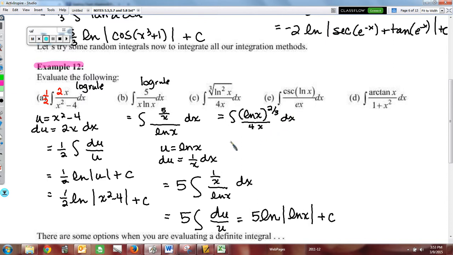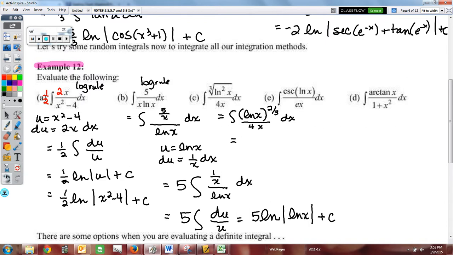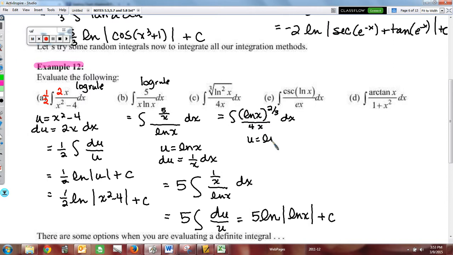What you want to recognize on this one is that I am going to let u equal the inside, natural log of x. And if I do that as my u substitution, my du is going to be 1 over x dx.